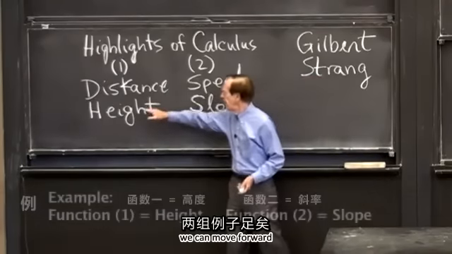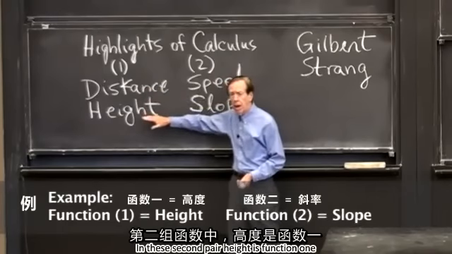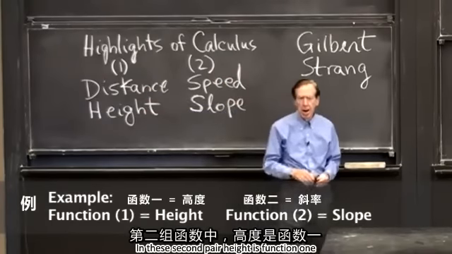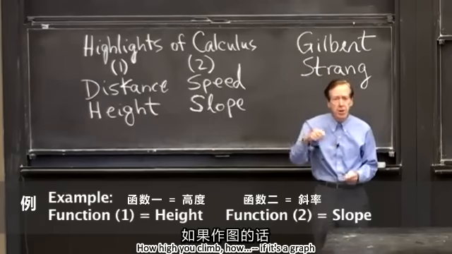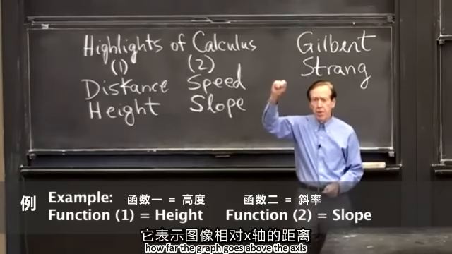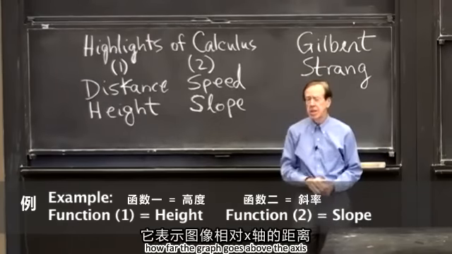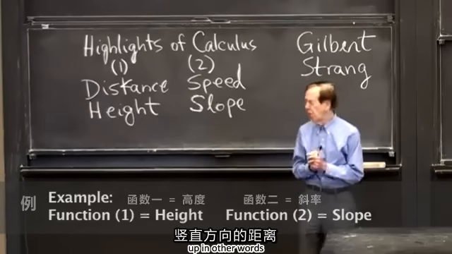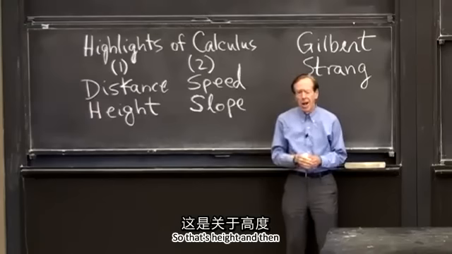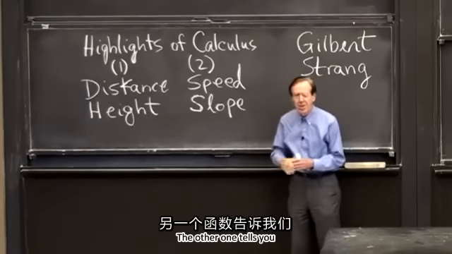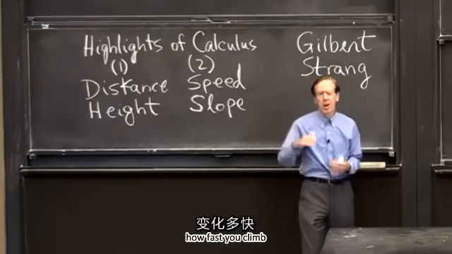So in this second pair, height is function 1. How high you've climbed, if it's a graph, how far the graph goes above the axis. Up, in other words. So that's height, and then the other one tells you how fast you climb.